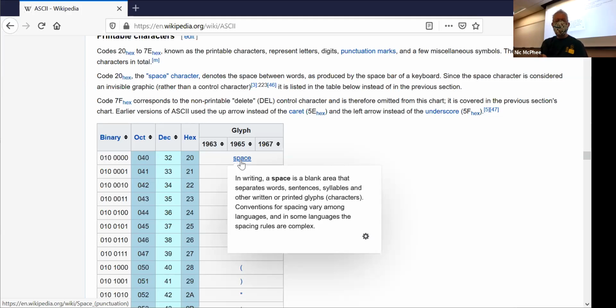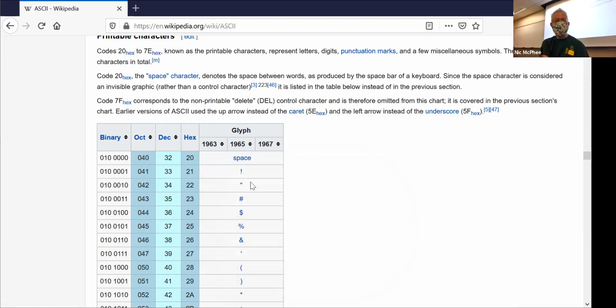Okay. And so the space character is decimal 32 and binary 0100000. Okay? And it turns out that this is position 5 counting from 0. So 0, 1, 2, 3, 4, 5.